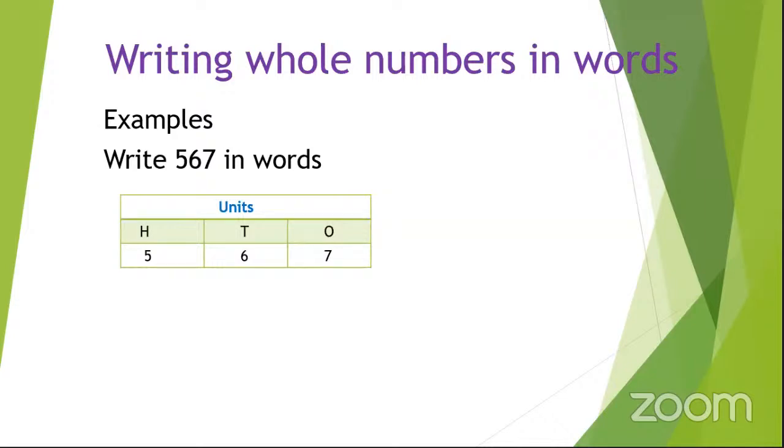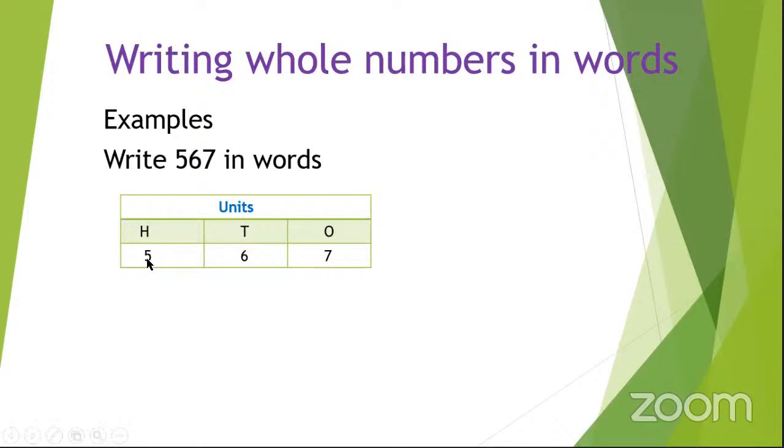The first group is read as units. This helps you when you're writing in words. The moment you're dealing with digits under units, all these digits are read the way they are. We don't attach anything on them.